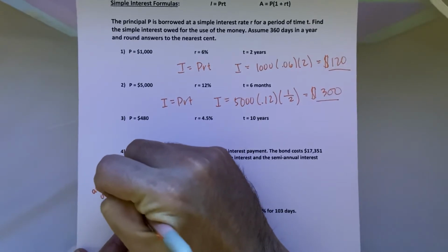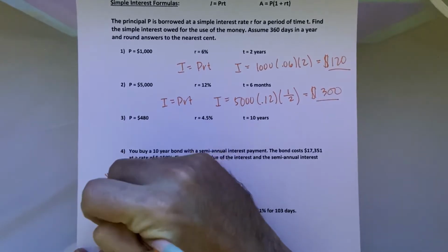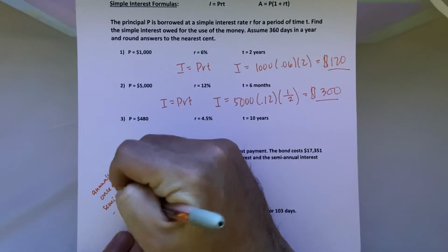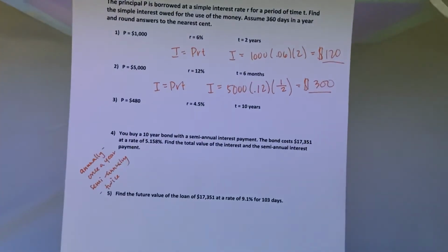Semi-annually is twice a year. Quarterly would be 4 times a year. Monthly would be 12 times a year. Now, that doesn't mean you pay the rate percentage every time. It means that the rate is divided up over a certain number of payments.